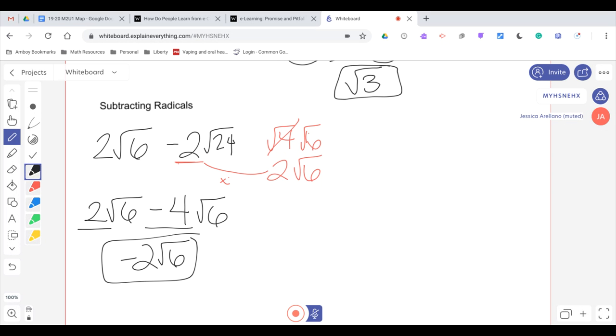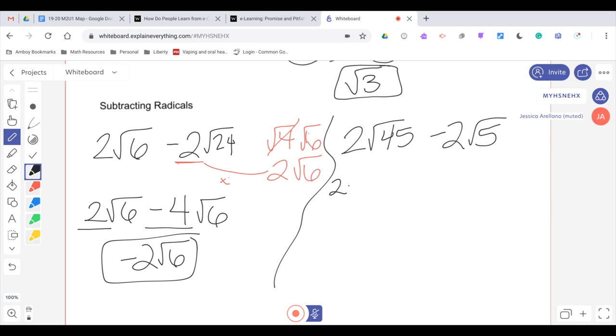Oh, let's try one more. Let's say I have 2 square root 45 minus 2 square root 5. Okay. Now 45 and 5 don't match, but 45 does have square numbers that go into it.